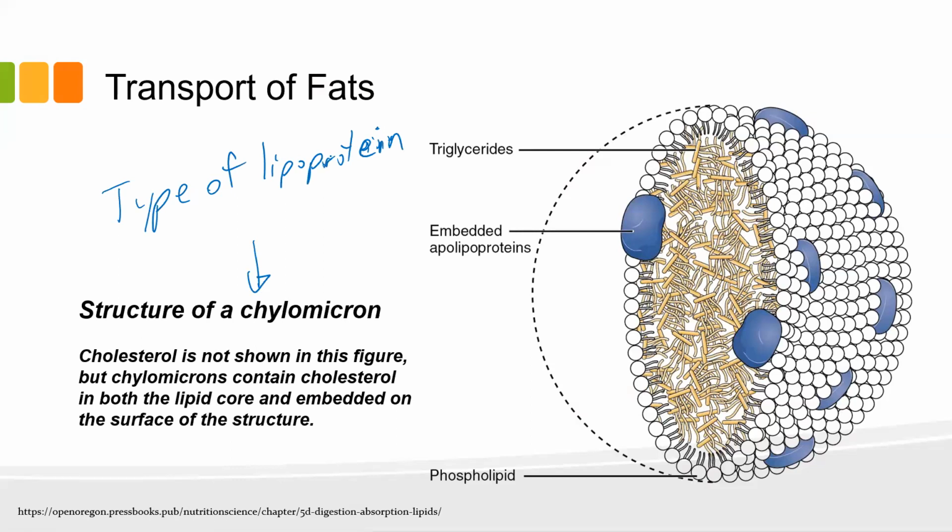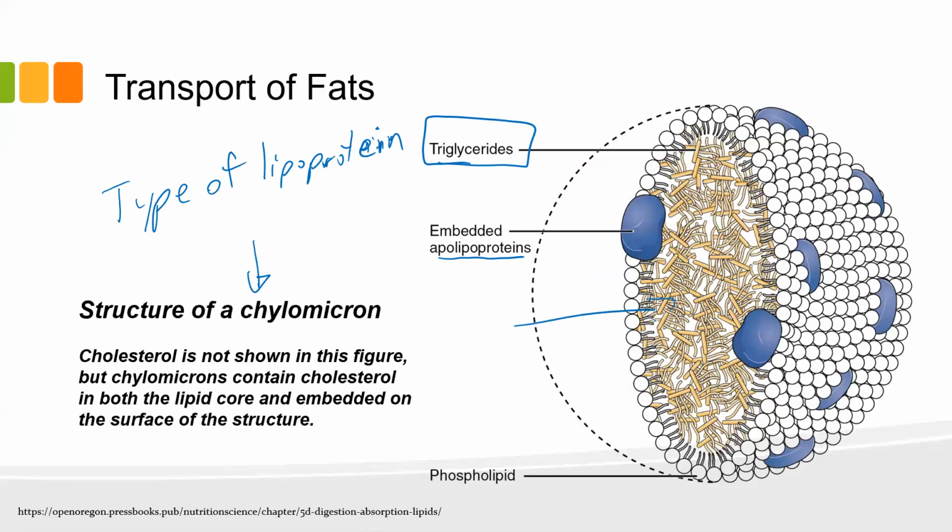So what do we have here? If you look at the structure, it's got a bunch of phospholipids. So it's kind of like a cellular membrane. It's got these proteins, which are actually called apolipoproteins. Not really important. But what's in the middle? In the middle we have our triglycerides. And by the way, other fats can be there in the middle as well.